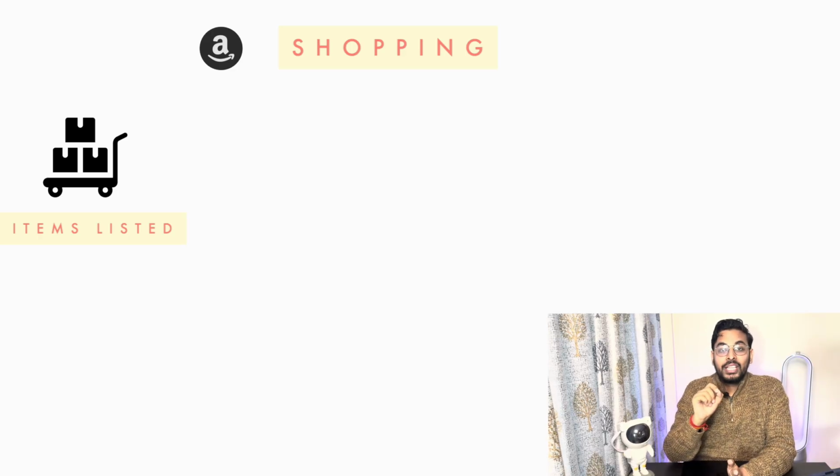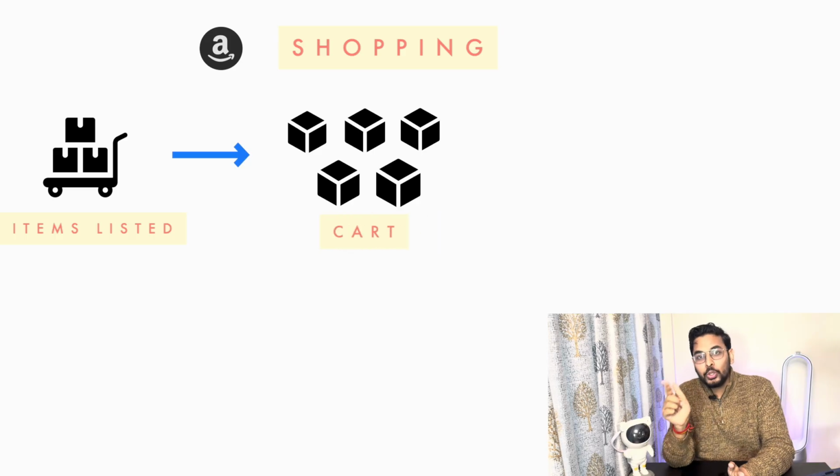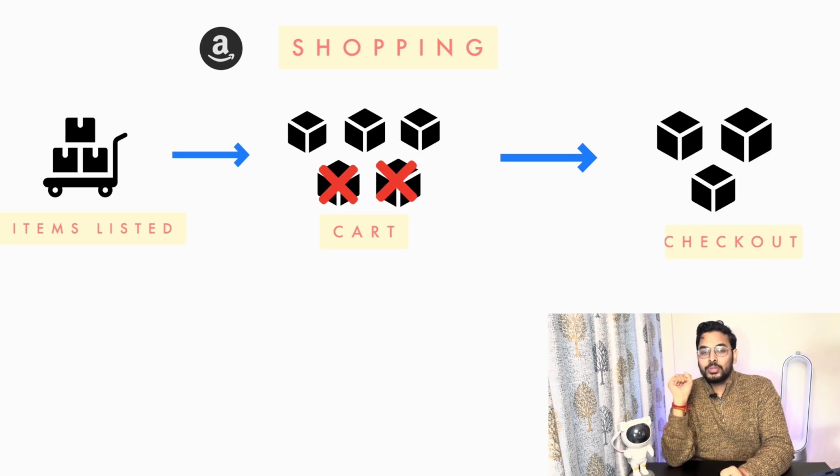So you add those items to the cart, right? Then you go to your cart, and you decide, okay, I just want to buy these 3 items only, and I will remove these 2 items, right? I don't need them. And then you do a checkout, and you buy only these 3 items, right? Same case in our Git.